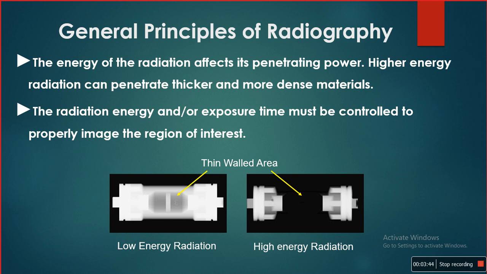In that case we can't get the exact details of that flaw because the flaw has lower density, and due to that lower density and high energy radiation, the radiation penetrates thoroughly through the component. So to get an exact exposure of the component in the form of a shadow on the X-ray sheet, we need to select low energy or high energy radiation as per the thickness of the component.